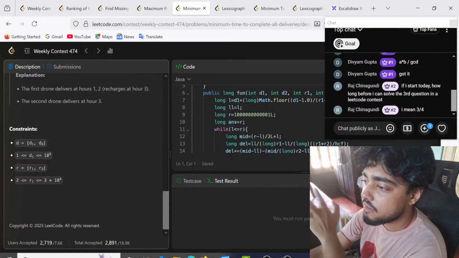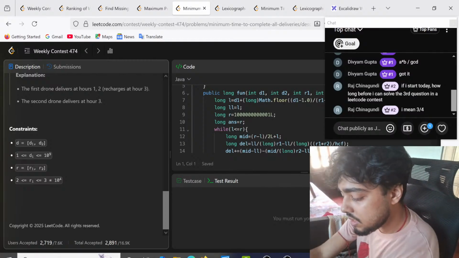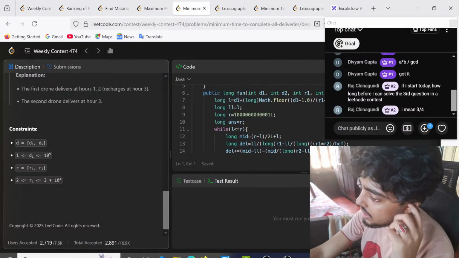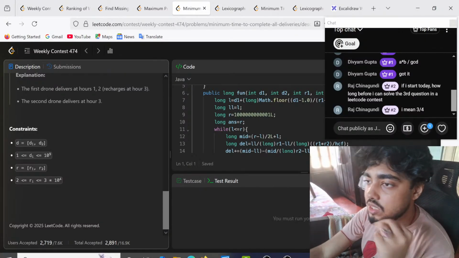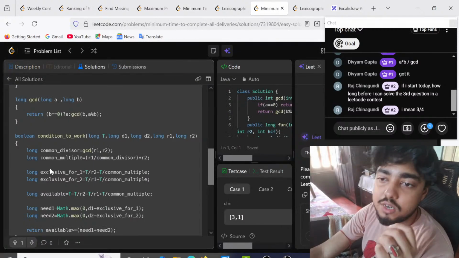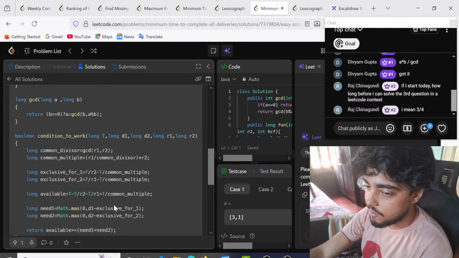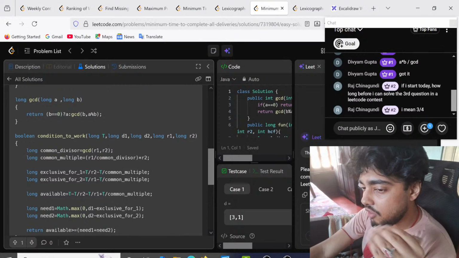I get it. 3 by 4. The fourth or the third question. I get it. But these things come. At least if you're able to understand that this is the algorithm I have to use, the binary search, that is more than enough, because in today's contest I haven't done all three of them. But I understood what was there, but I couldn't come up with the formulas, okay?